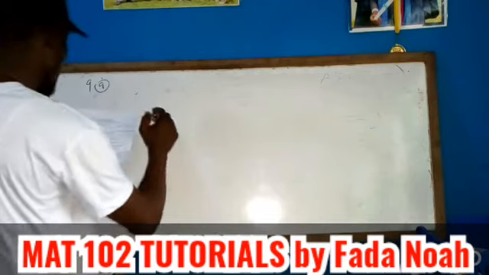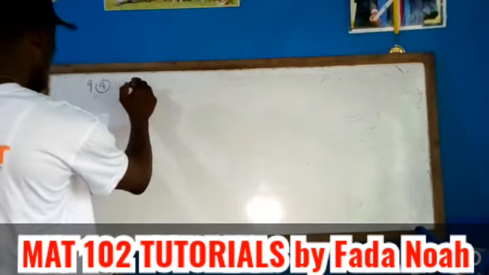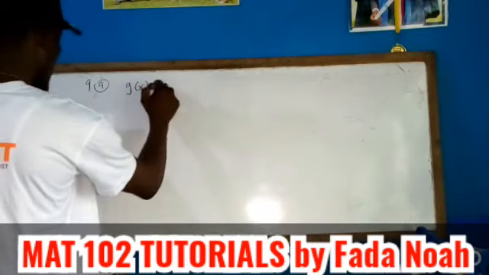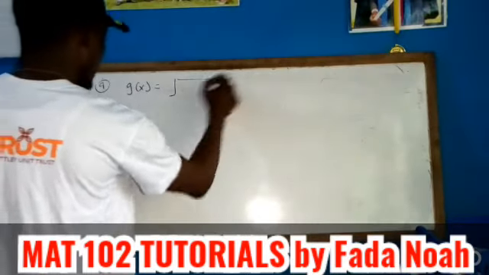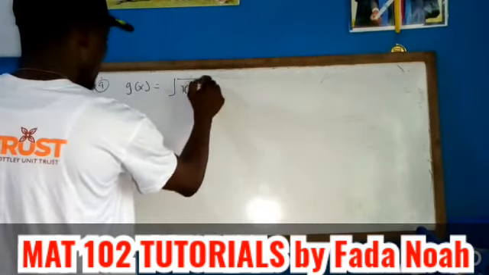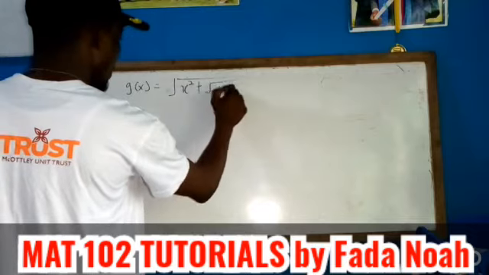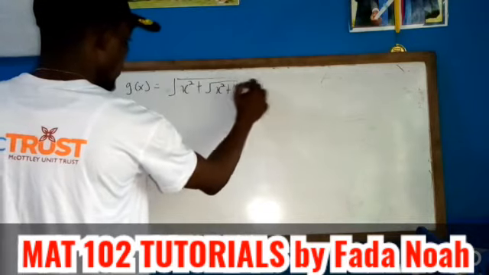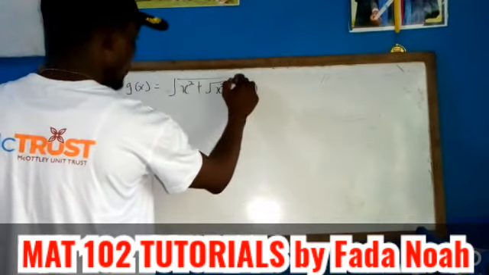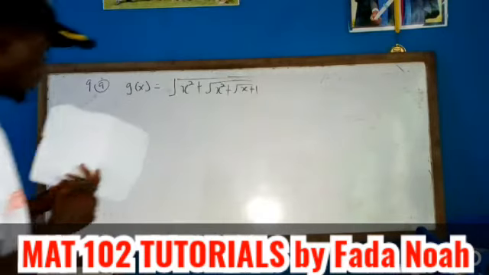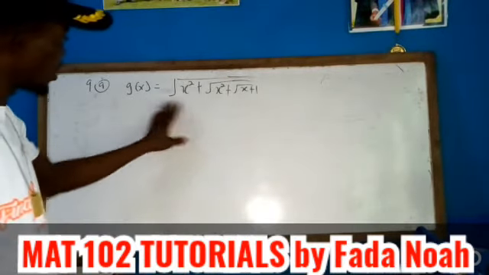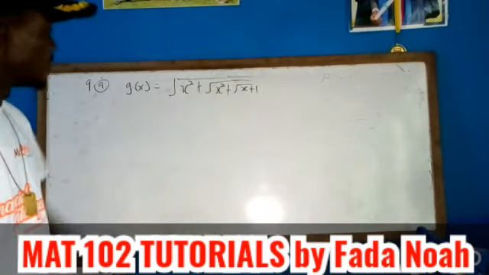Question 9a says find the derivative of g of x equal to the square root of x squared plus the square root of x squared plus the square root of x plus 1. We have this function and we are asked to find the derivative.